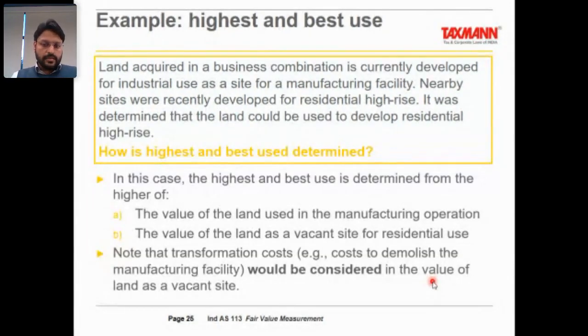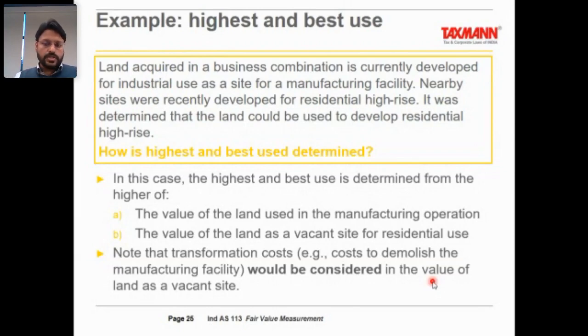So in this case, highest and best use is determined from the higher of the value of the land that is used for manufacturing operations, that is its current use, and the value of the land as a vacant site for residential use. Now we will calculate the value which we will arrive at through these 2 uses, and accordingly the fair value will be measured on the basis of the highest value out of these 2 uses.